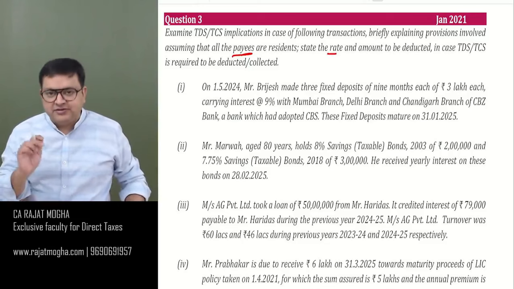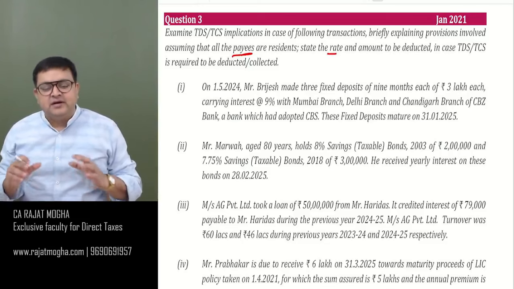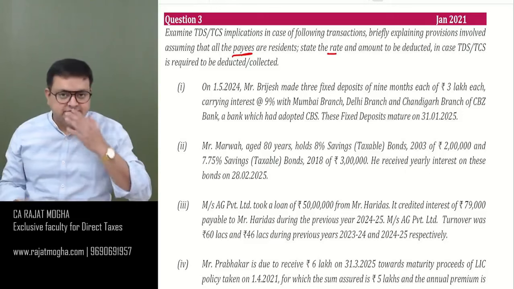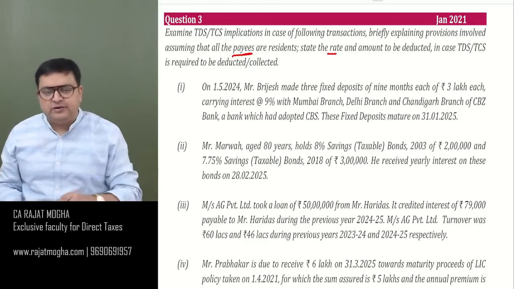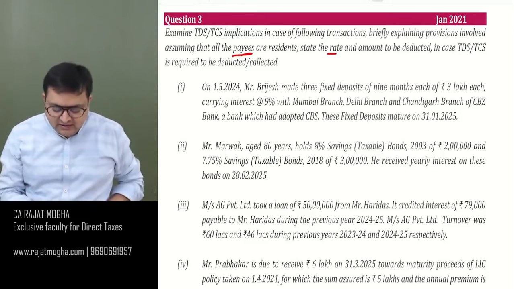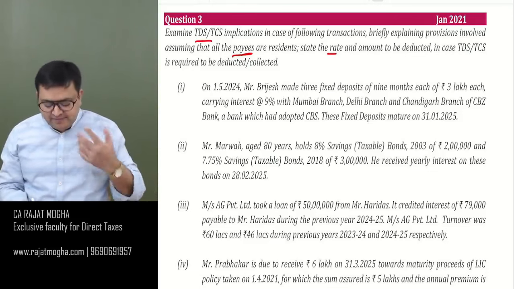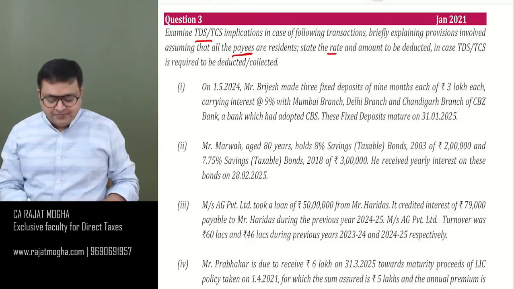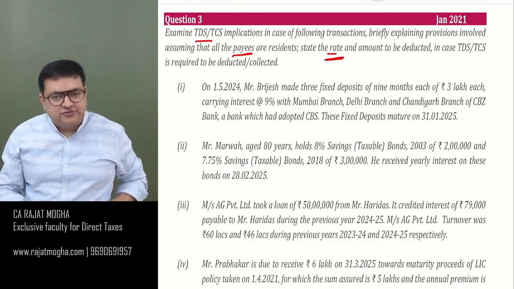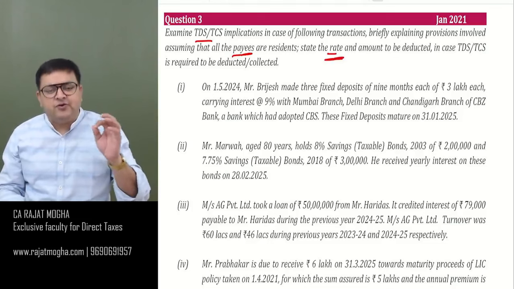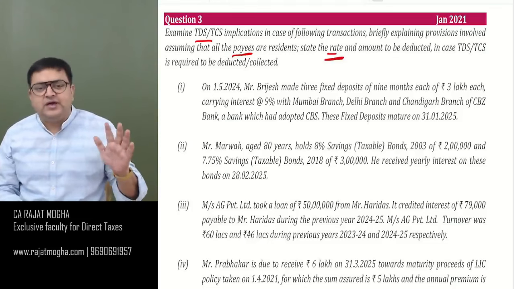Guys, these types of questions come in examination, and 100% a question comes from TDS TCS, and quite similar. They ask whether TDS would be applicable over here or not, and if it is applicable, tell us the rate of TDS. So you should know the rate of TDS. Even if you forget the section number, it's okay.